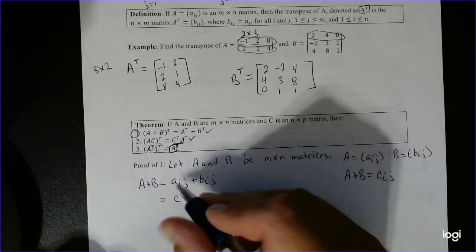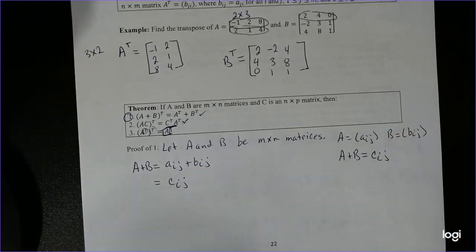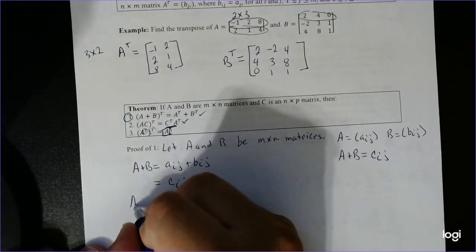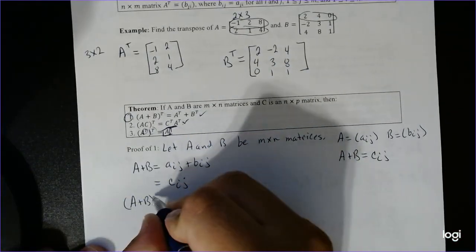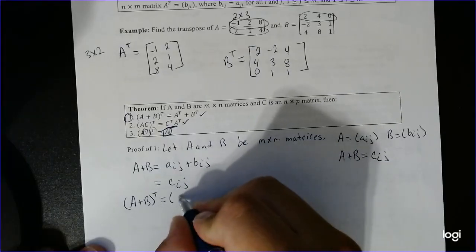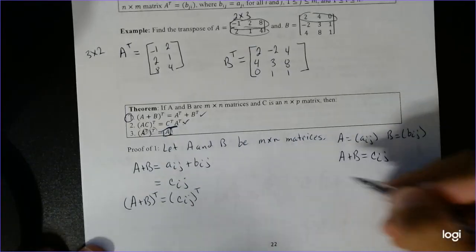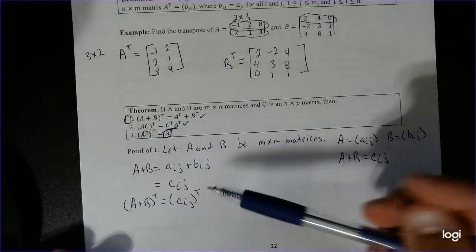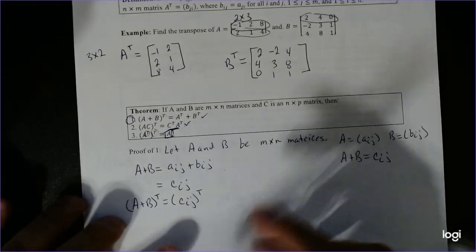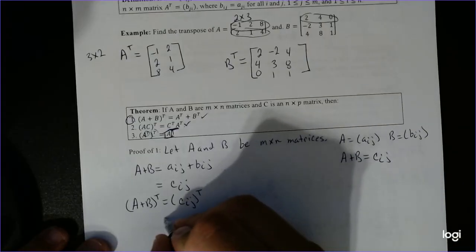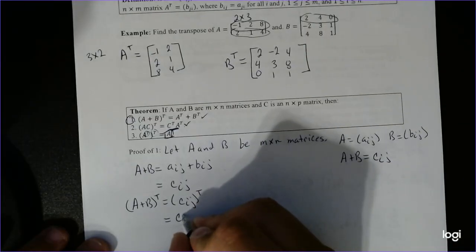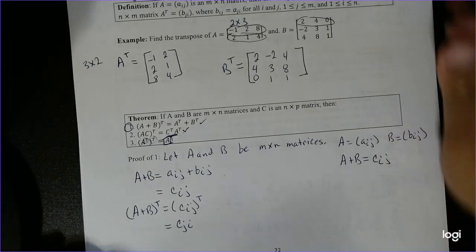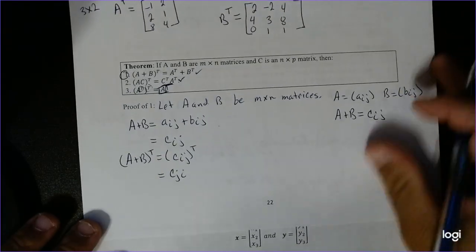This is one single number. We'll just call it something else. Now what we're going to do is take the transpose. So (A plus B) transpose means I now transpose this. What is the transpose of this? Well, according to the definition, everything just swaps places. So now this becomes Cji.